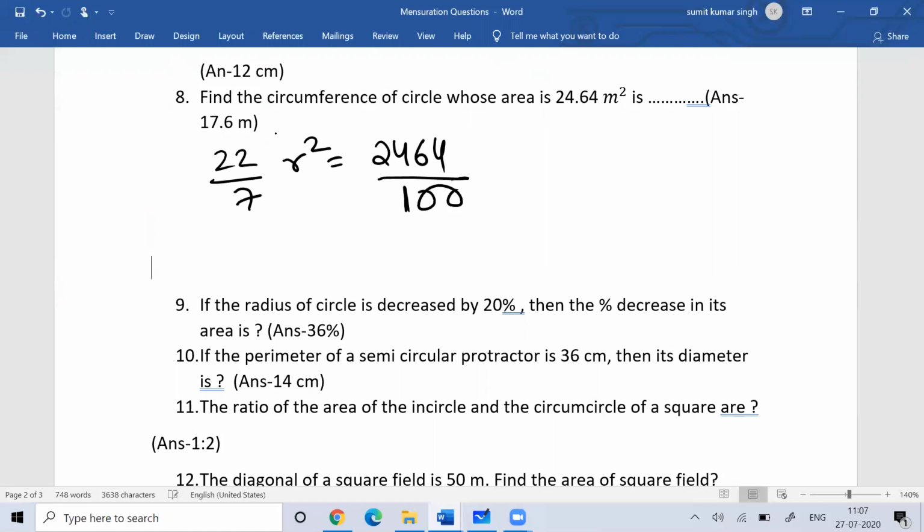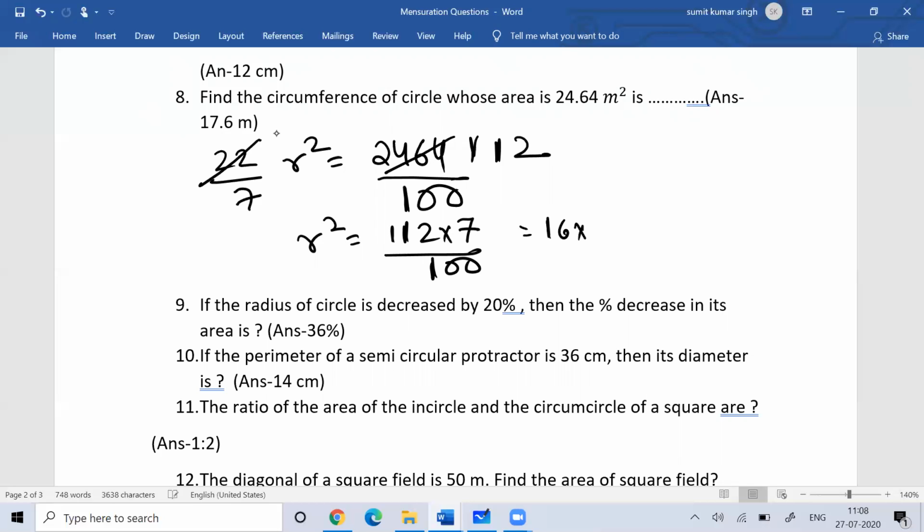So pi is 22 by 7, so this r square is 2464 into 7 divided by 22 into 100. 22 into 112 is 2464, so r square is 112 into 7 divided by 100. 112 comes in which table? 16 table, no? 16 sevens are 112.